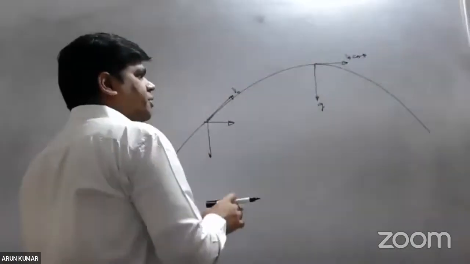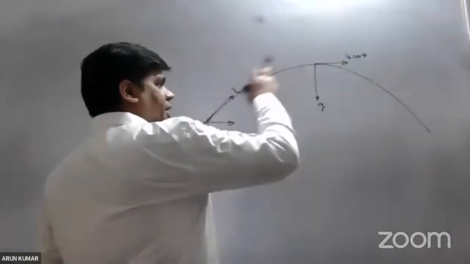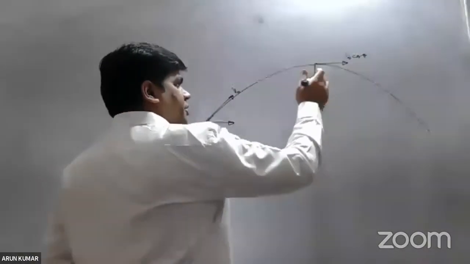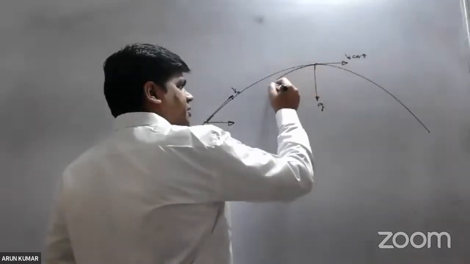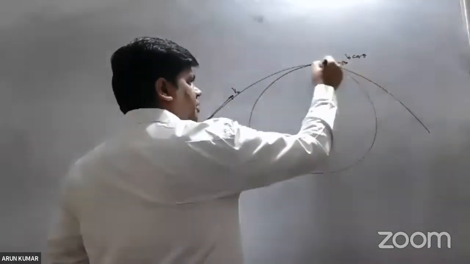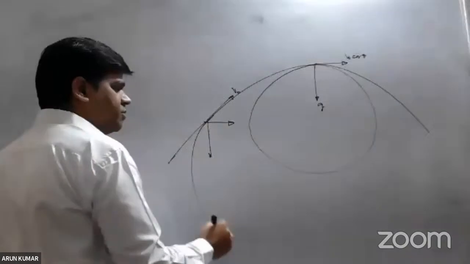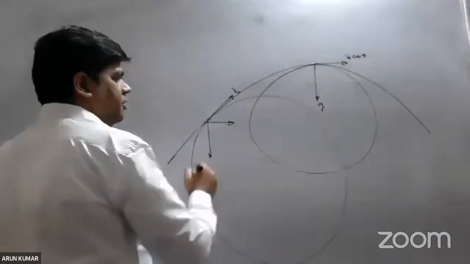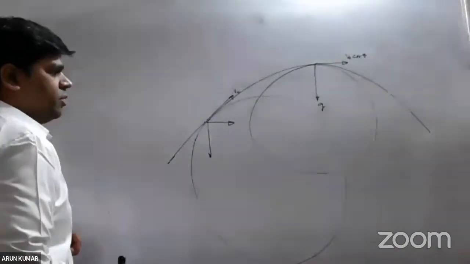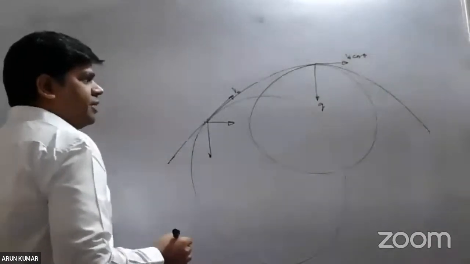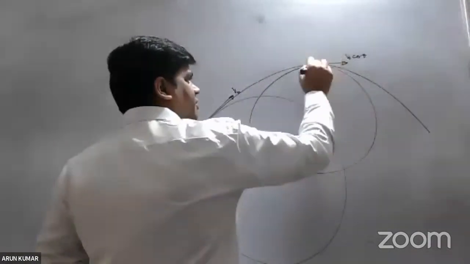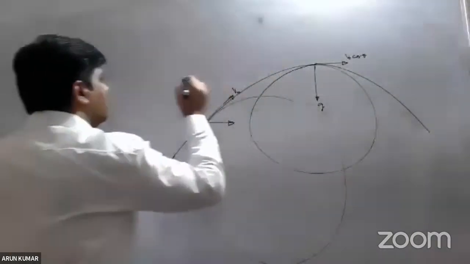All right. So we were talking about radius of curvature of the path at this point. So radius of curvature is nothing but the radius of the oscillating circle at this point. So how do I find the radius of curvature? I know tangential velocity is V naught cos theta.